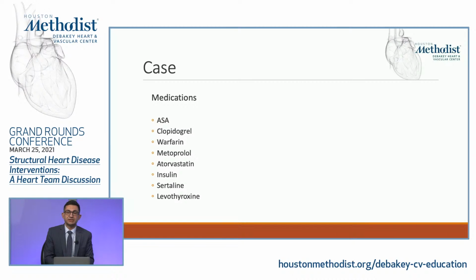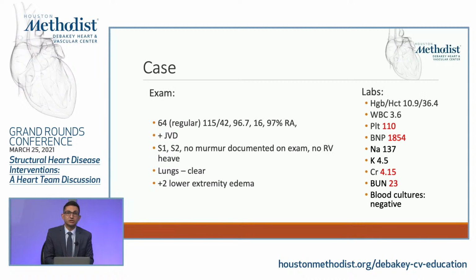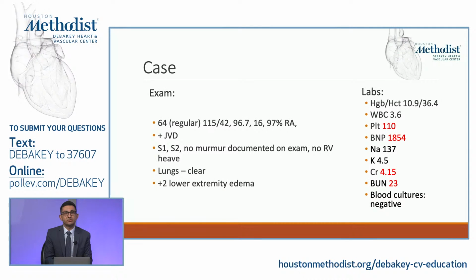Her medications at the time of presentation were aspirin, clopidogrel, warfarin, metoprolol, atorvastatin, insulin, sertraline, and levothyroxine. Initial examination was unremarkable for the vitals, but she had neck vein distension, and she had +2 peripheral edema. Her BNP was elevated at 1854.